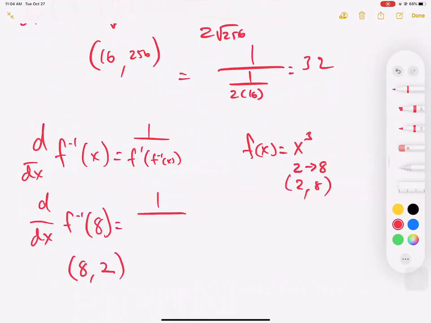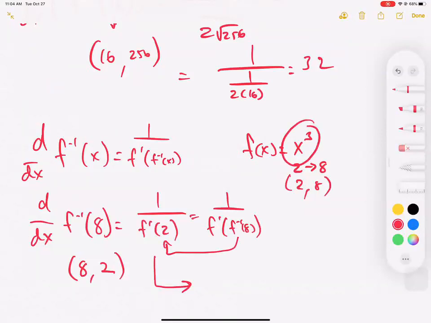Inverse operation is just flip the x's and the y's. So this is just 1 over f prime at 2. If you want to write the full rule, 1 over f prime of f inverse of 8. The inverse of 8 is just 2. And so the derivative is 1 over 3x squared. Plug in 2, 1 over 12.